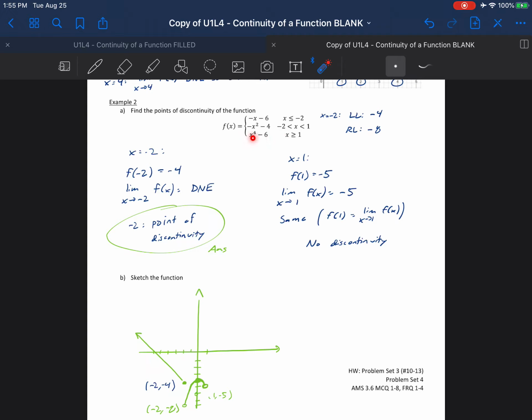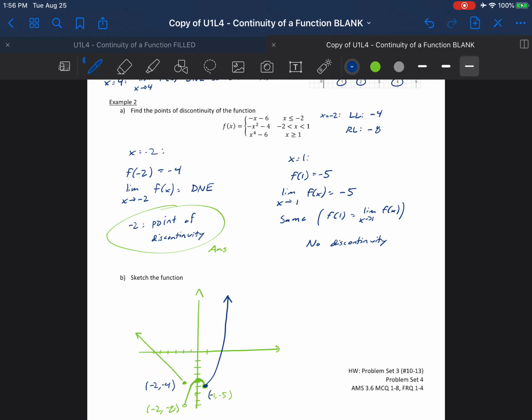1 to the 4th minus 6 is -5. So I'm going to go back to blue. So this circle gets filled in, and it's a cubic opening upward, so you know it's going to do something like that. All right.